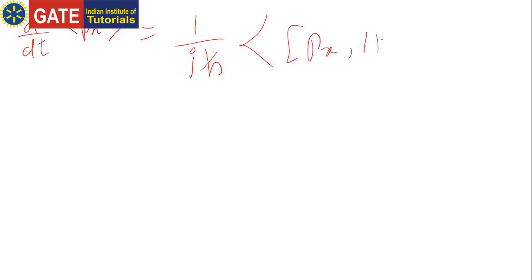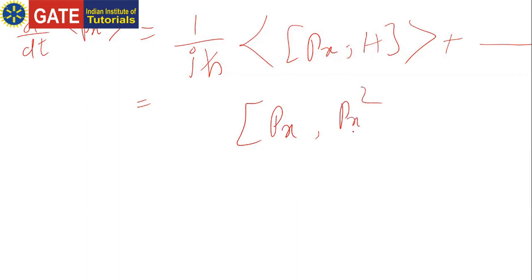d by dt of expectation px equal to 1 by ih cross expectation px comma h. Second term will be 0. Now we are going to calculate this commutation relation. Px comma px square by 2m plus v of x. Px comma px is 0. What is remaining?